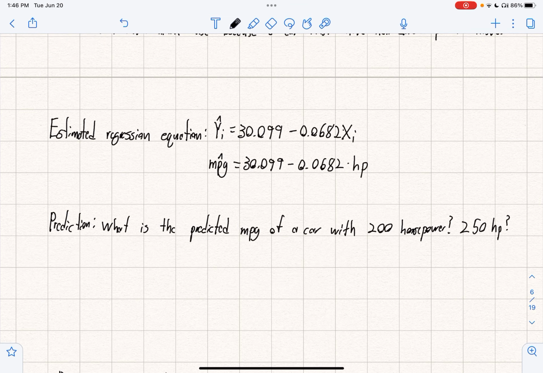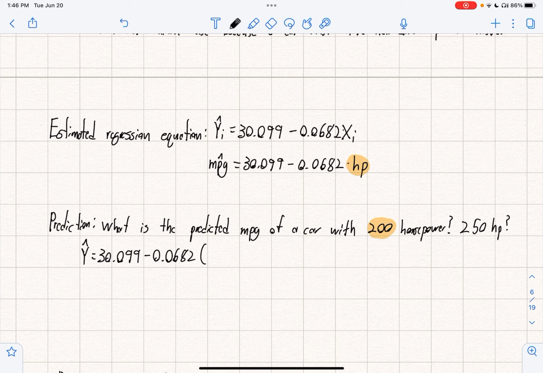So let's do y hat is equal to 30.099 minus 0.0682. And then we're just plugging in for horsepower, right? What horsepower are we interested in? Well, we're interested in 200 horsepower.